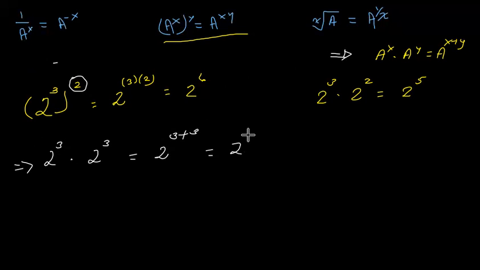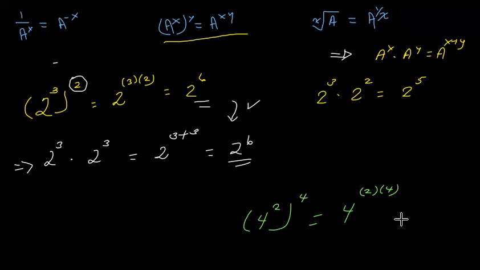Hence, I get 2 to the 6th power. So that's another way I could have checked it. Bottom line, what this rule is telling us is if I have 4 squared and then I raise this to the 4th power, this then becomes 4 to 2 times 4, which is 4 to the 6th power.